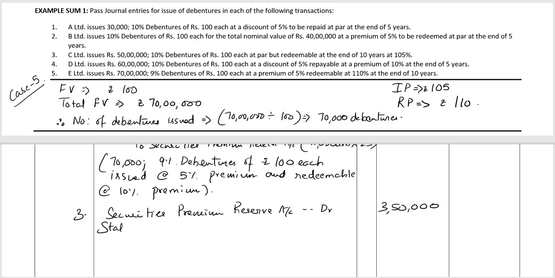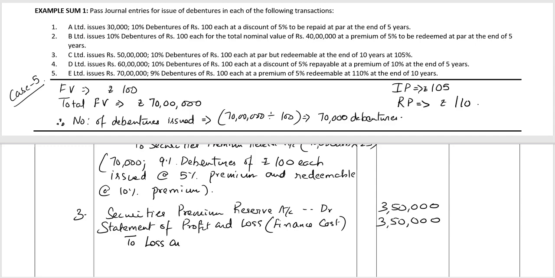Statement of profit and loss, finance cost, another 3,50,000 rupees. To loss on issue of debentures account.